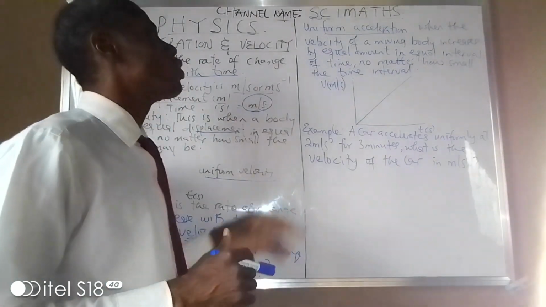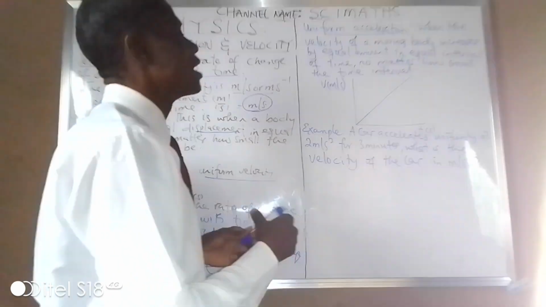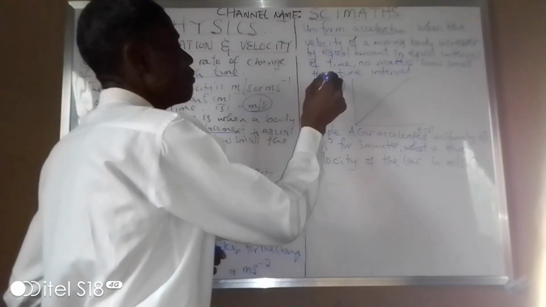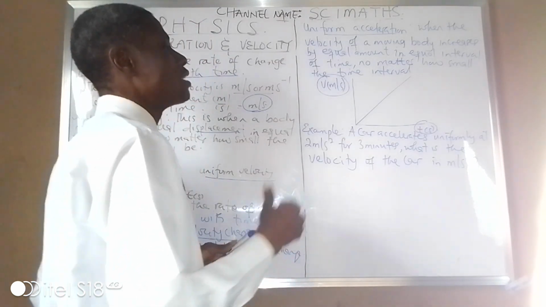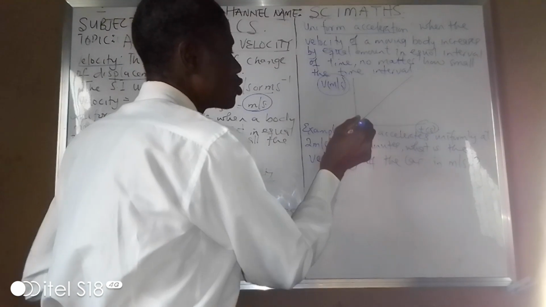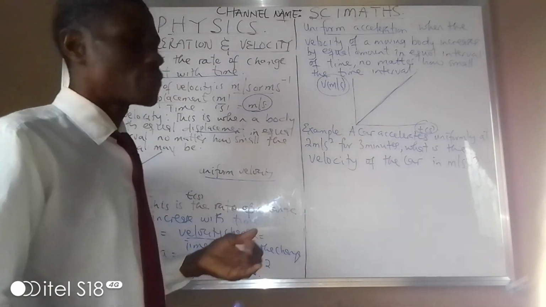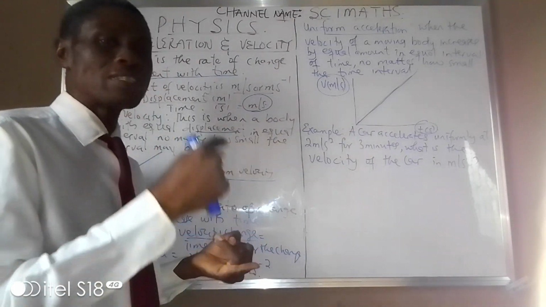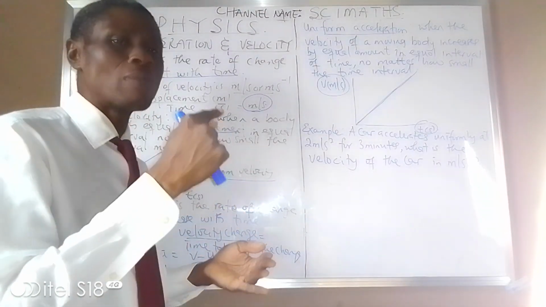We call that uniform acceleration. So you can see from the graph here, we are comparing velocity with time under uniform acceleration. Moving like this, straight, is uniform acceleration. Now we have seen what is velocity, what is acceleration, what is uniform velocity, what is uniform acceleration.